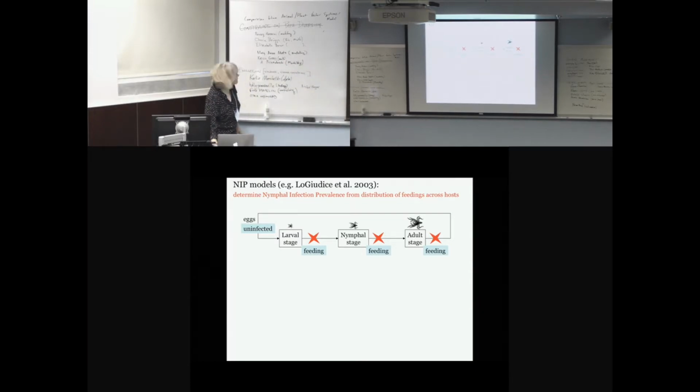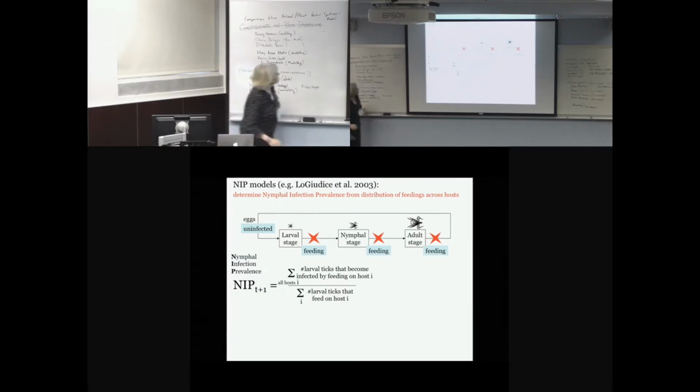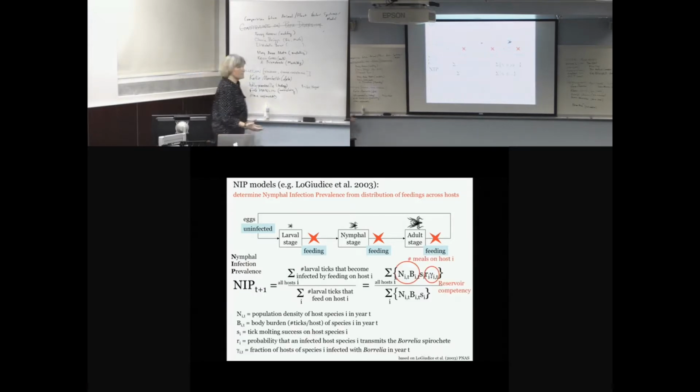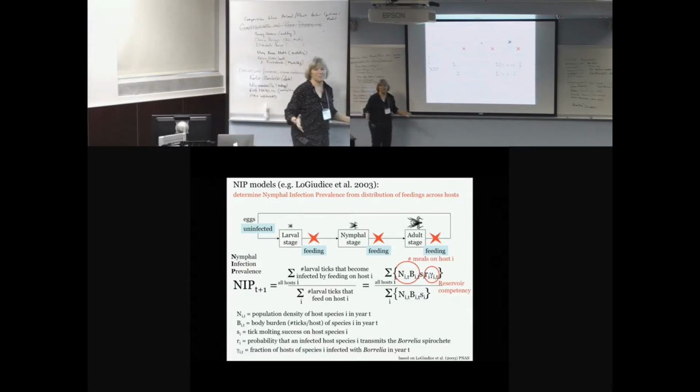If you can figure out what the ticks are feeding on in this stage, and if you can figure out which host they're feeding on, how good each of those hosts is at spreading the pathogen, you can figure out what fraction of them will be infected during the nymphal stage. And so writing down a model of nymphal infection prevalence is just like bookkeeping.